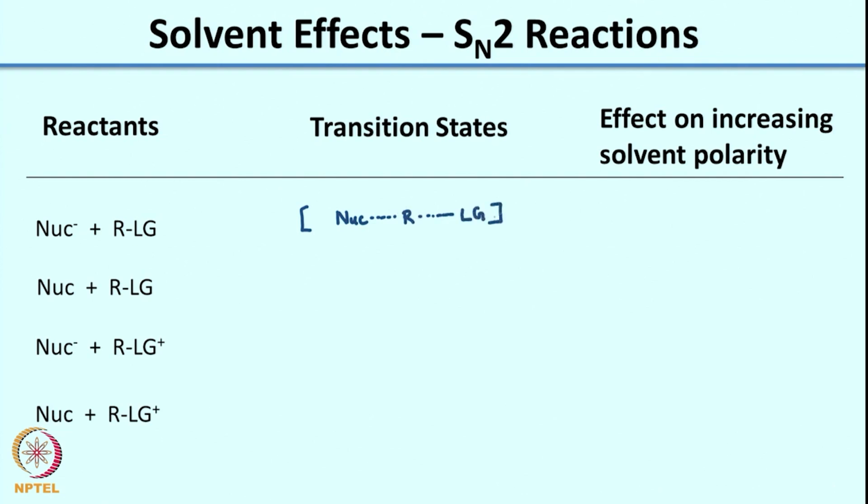Your nucleophile is negatively charged, and your leaving group will leave taking the electrons from the nucleophile. So, you have a delta minus there. In this case, your nucleophile has no charge.